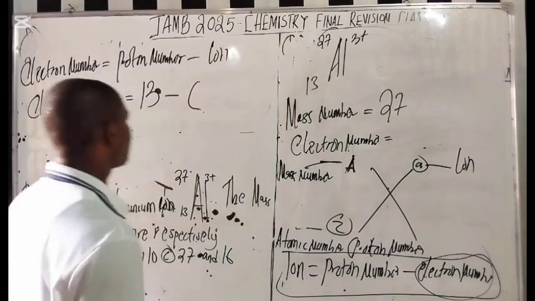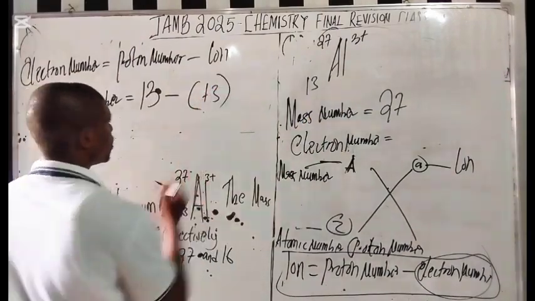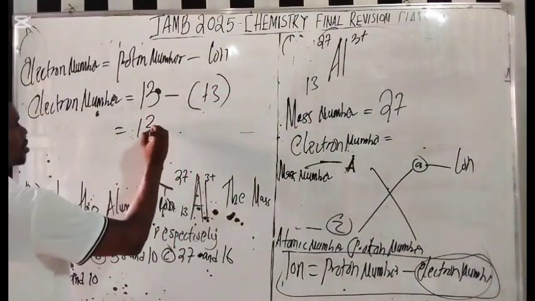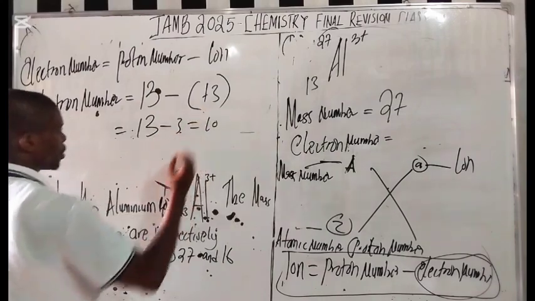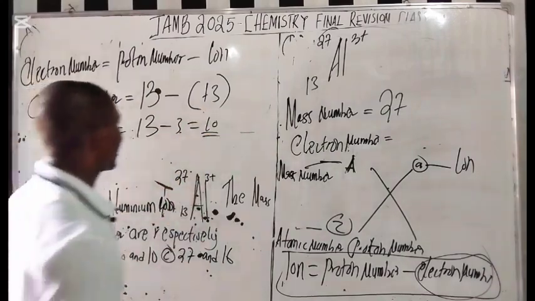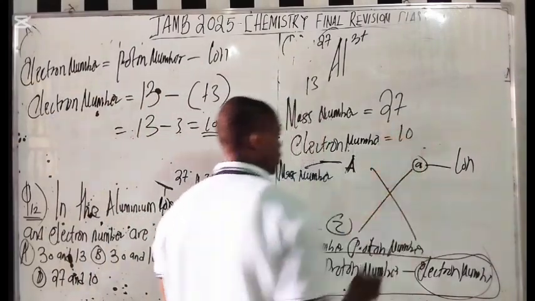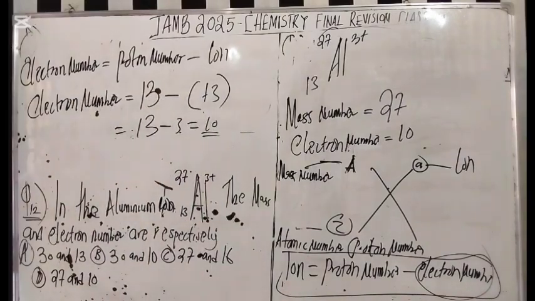So it's going to be 13 minus 3, which is 10. So my electron number here is going to be 10. So what will be the answer? 27 and 10. This is the answer here.